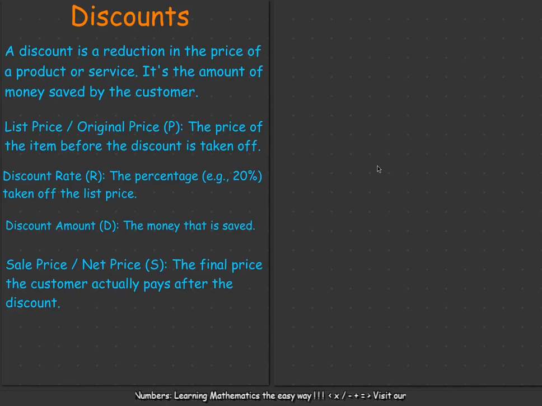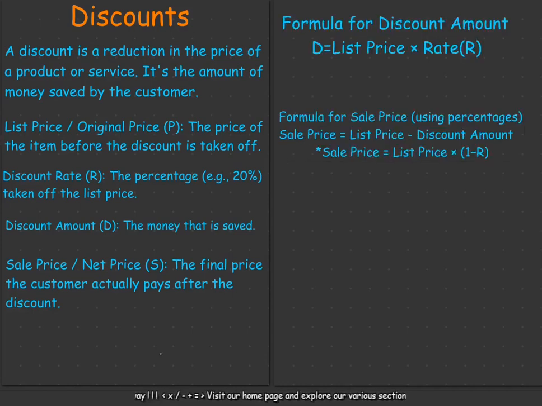Now let's look at the formulas we are going to use to relate these parameters. The very first one is the formula for discount amount. How much are they removing? How much are they saying you should save for yourself?